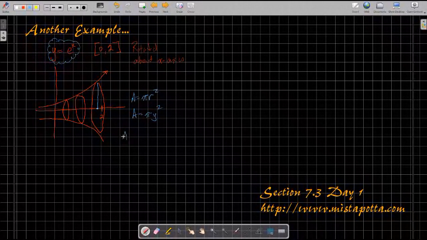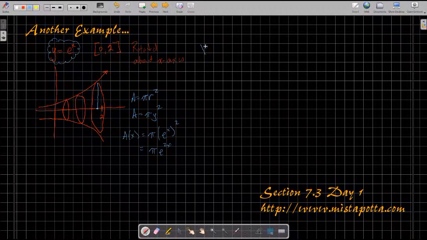And so my area function as a function of x is going to be pi times e to the x squared, or pi times e to the 2x power. So this is my area function. So this is what I'm going to be finding the definite integral of.